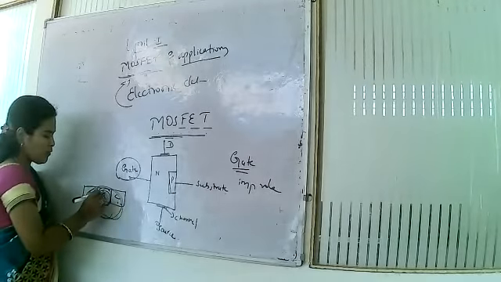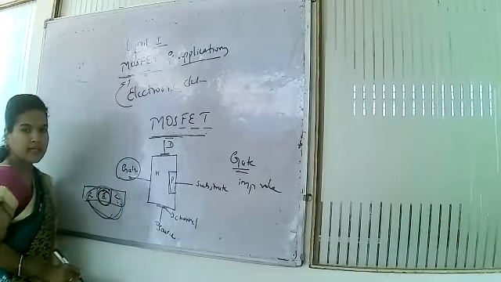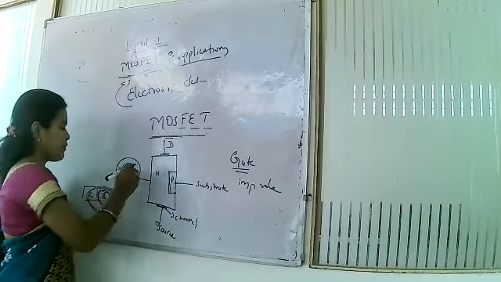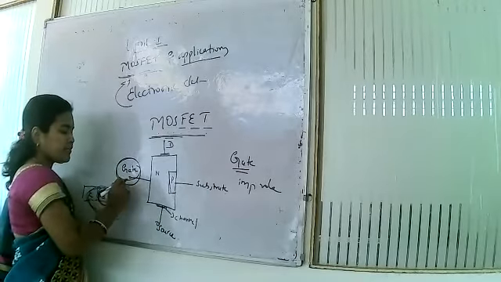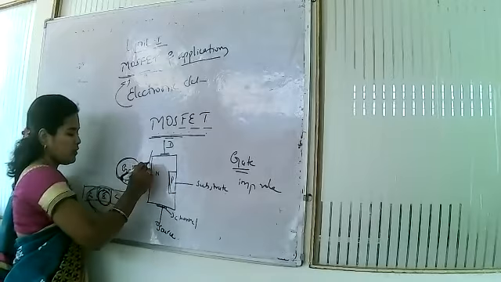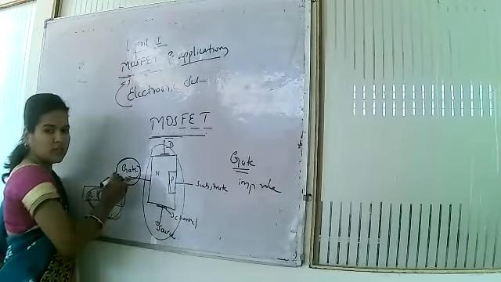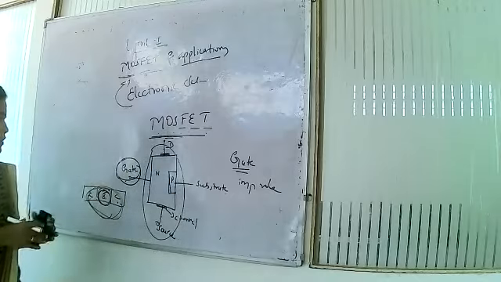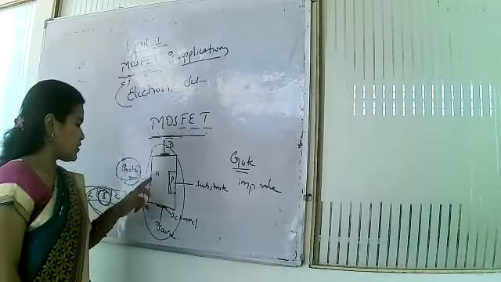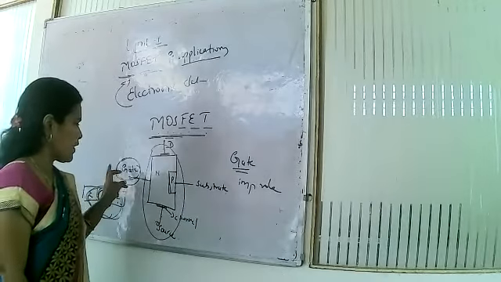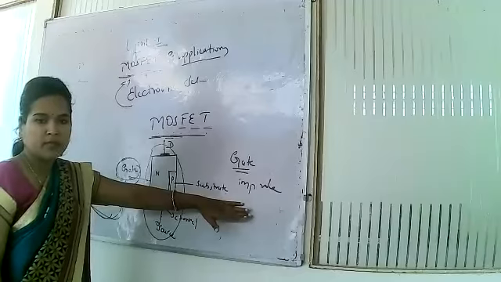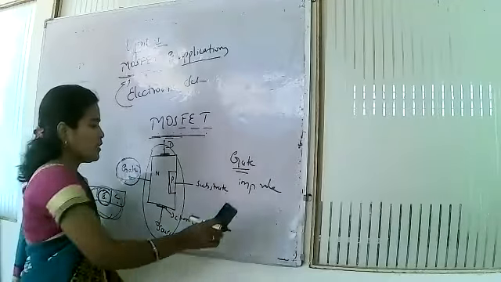The flow from emitter to collector is controlled by the base. In the same way, in the FET, the gate controls the flow of electrons and holes from source to drain. So this is the construction of the MOSFET. It contains drain, source, gate, and substrate.